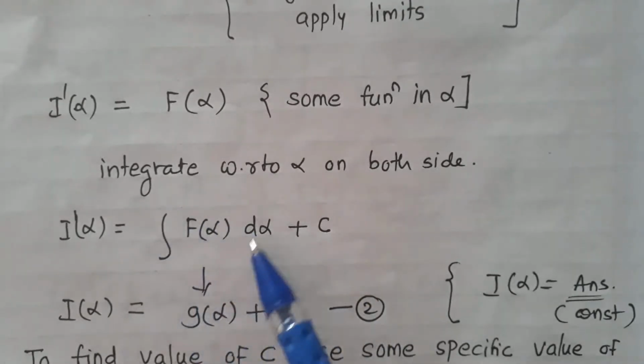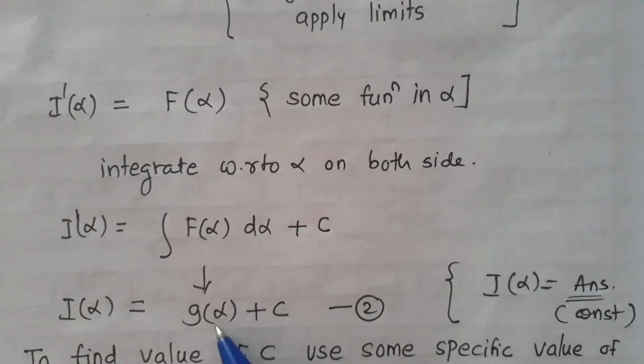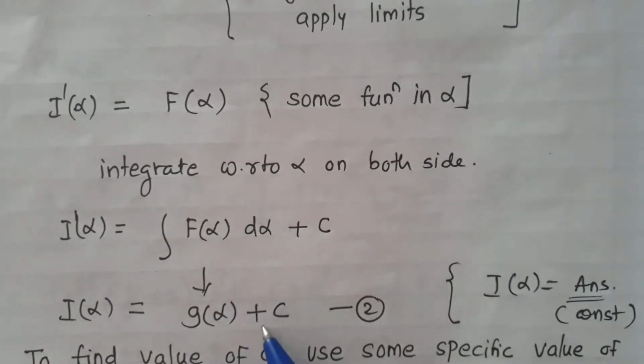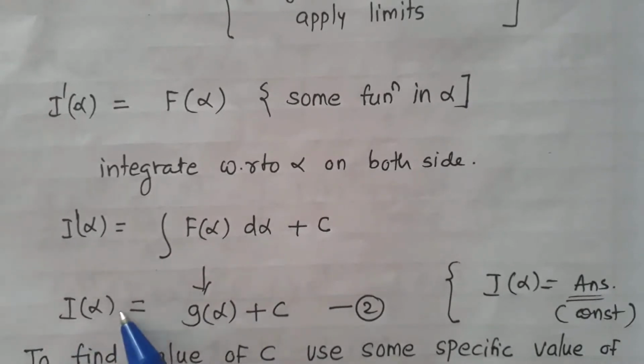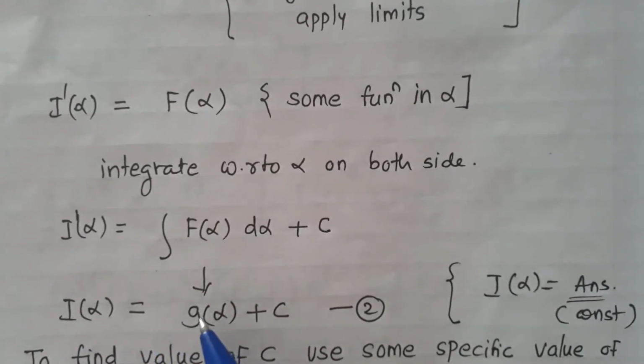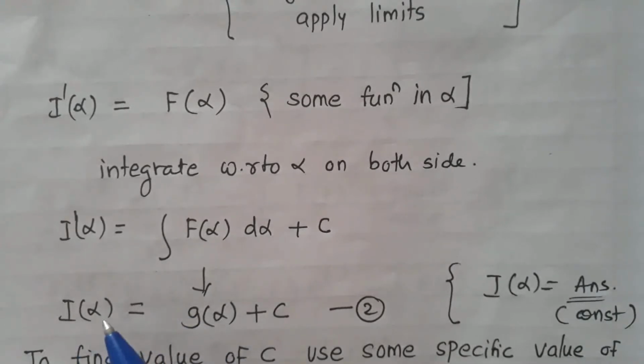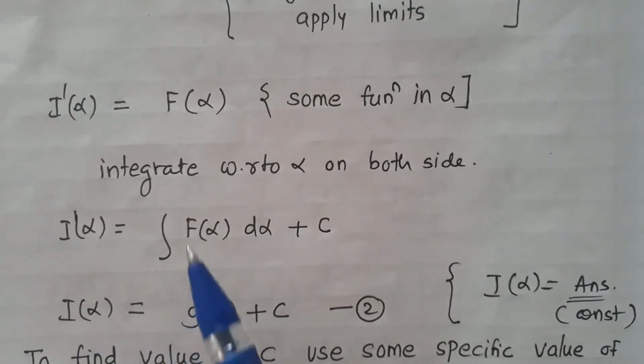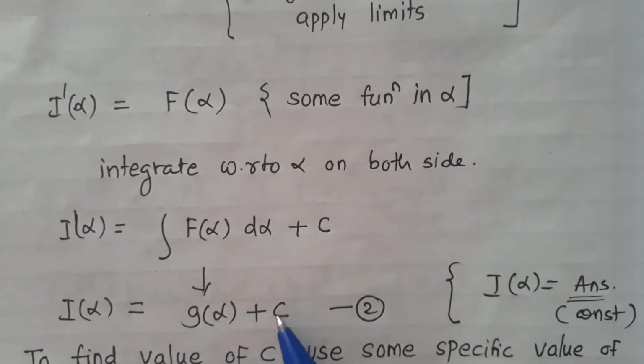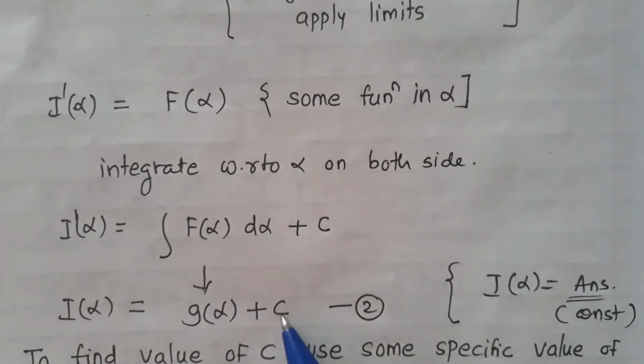Integrate this function with respect to alpha. You will get some output here, that is g of alpha. Some function exists here after integrating this function, plus some constant c, I of alpha. But if you observe the original integral, I of alpha is some integral with the limits a and b. That means we don't want this constant c in the final solution.